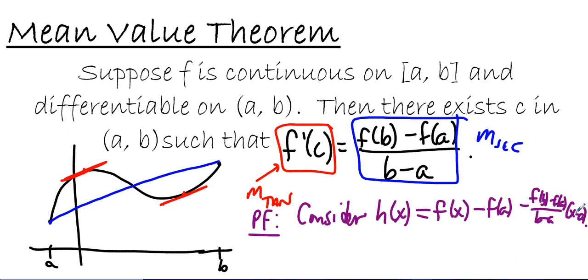And all this is the vertical distance between f and the blue line. That's all it is. This function h is the vertical distance between f and the blue line.